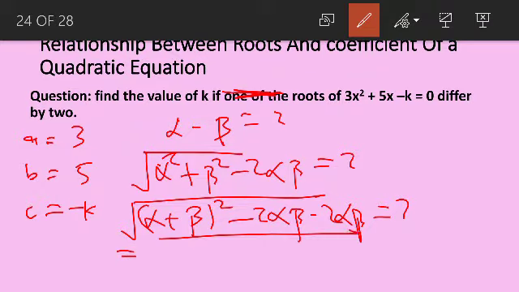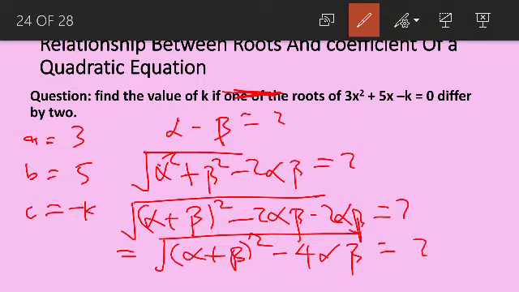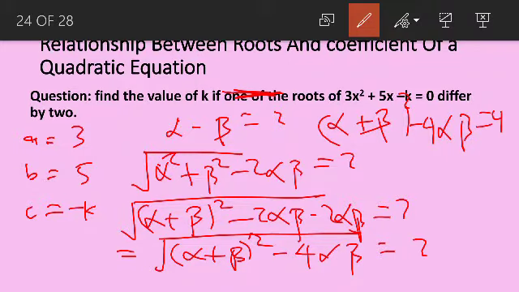So that is going to give us the square root of alpha plus beta all squared minus 4 alpha beta, all equal to 2. Or you can say that alpha plus beta all squared minus 4 alpha beta is equal to 4 when you square both sides. So we can write that down somewhere.